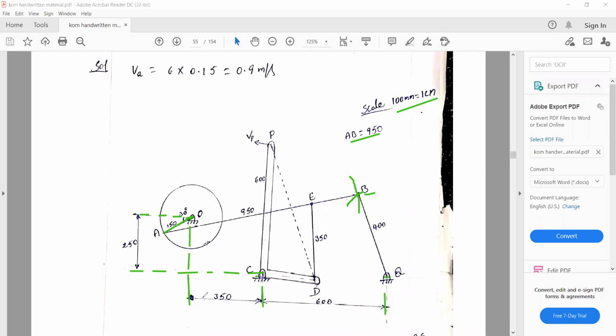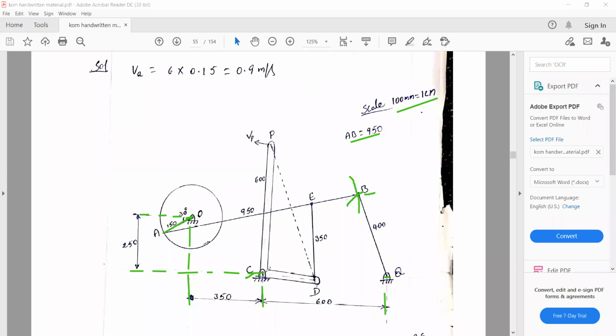Now C is also there. That is 350, where you have to mark the 350, so C is also identified here.